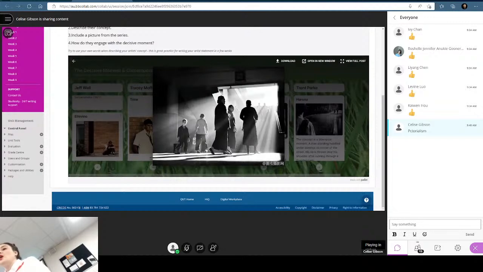So pictorialism was a movement of photography in the earliest forms of photography where artists were really fighting for photography to stay an art practice. Scientists wanted to just use photography for scientific purposes.